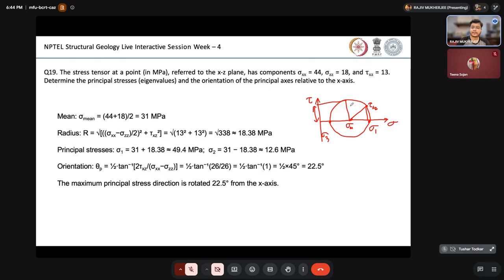You calculate the radius and then construct the Mohr circle, and you plot in the Mohr circle the corresponding shear stress value and drop a projection, and you will eventually get the value which corresponds to that particular shear stress value.